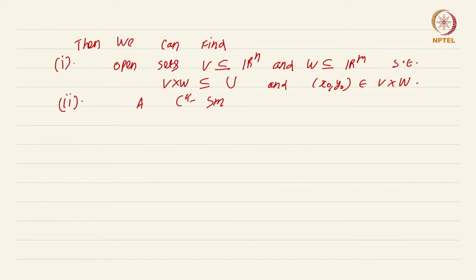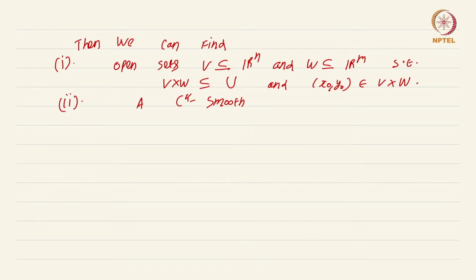So the first part is trivial, that just the openness will give those neighborhoods V and W. But the second part tells you there's something special about this V and W. We can find V and W with some special properties.